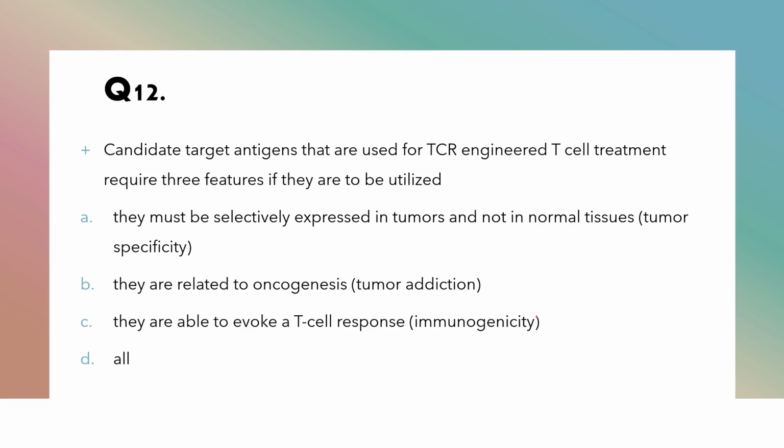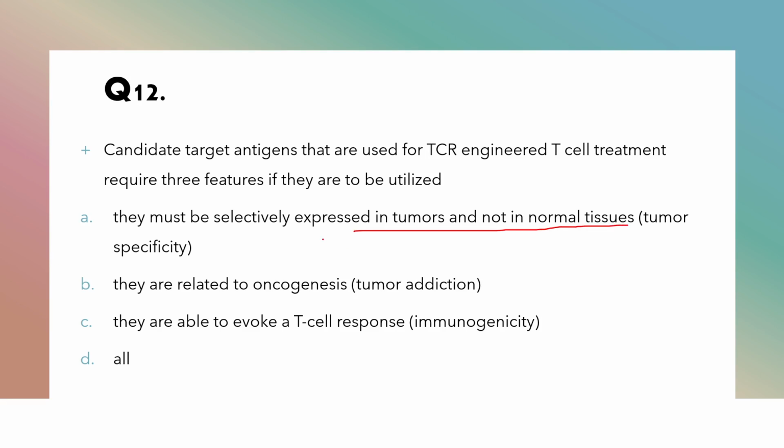Okay, let's discuss it. So candidate target antigens that are used for T cell engineering must have some features, that is, they must be selectively expressed in tumors, not in normal tissues, right? Yes, of course.